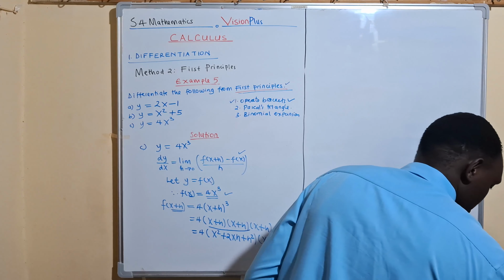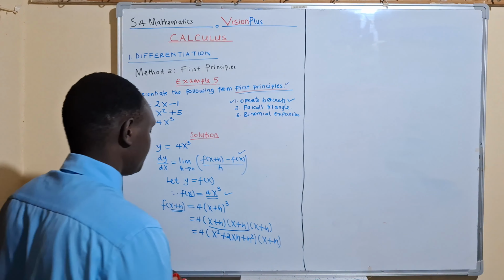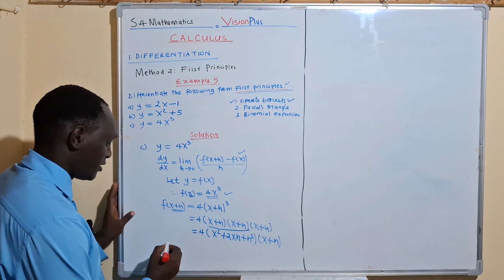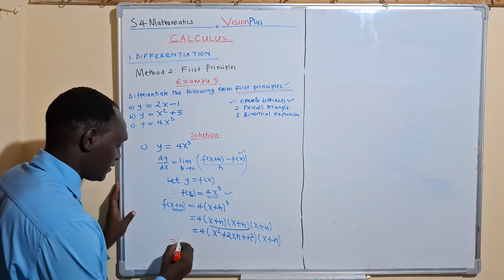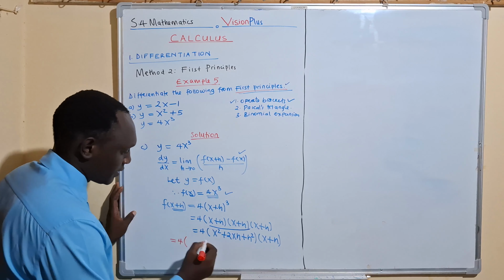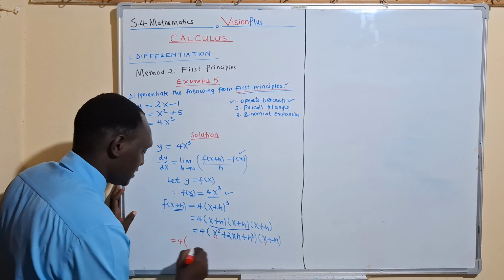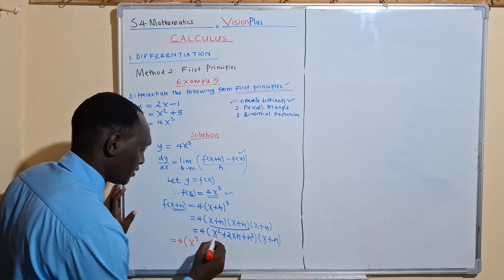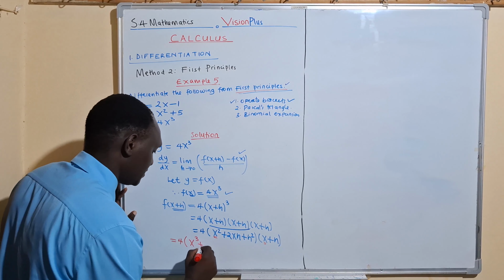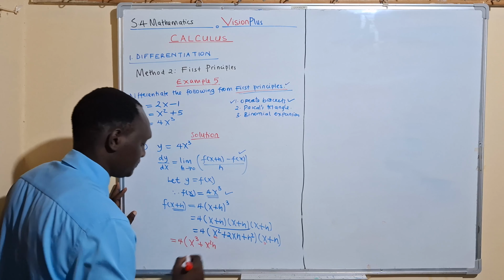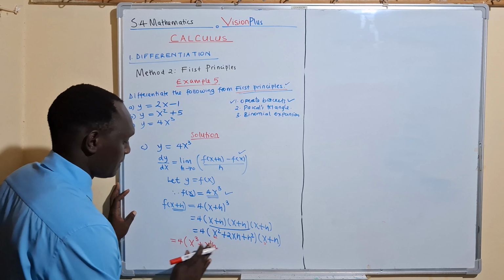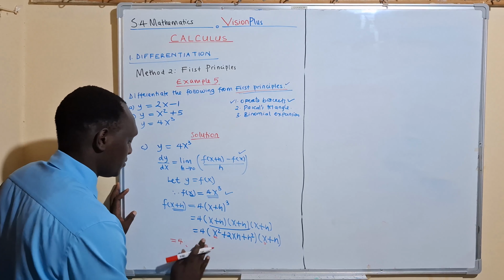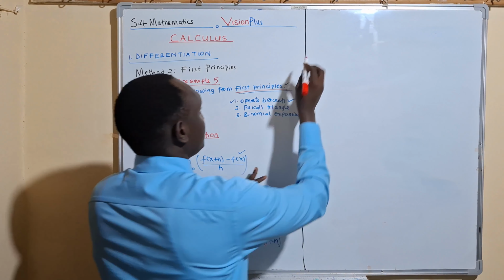We multiply the 2 remaining brackets. So let me extend my equal sign here. First, I have 4 there into x squared times x, I'll get x cubed. X squared times h, I'll get x squared h. Okay, this space might be small. Let me go up there.